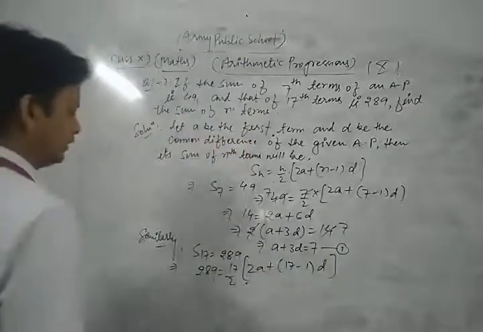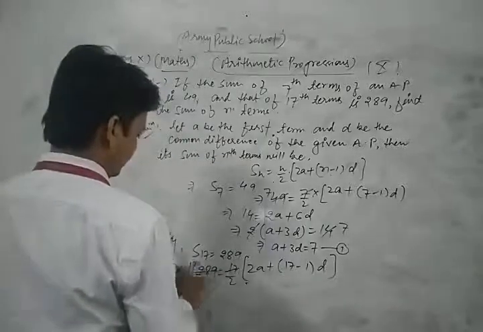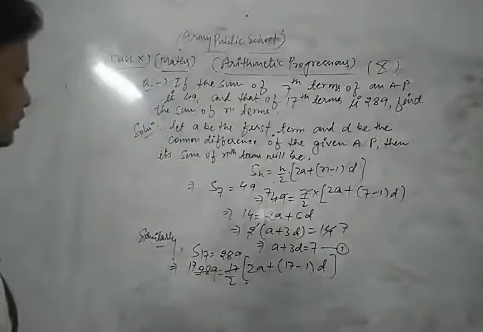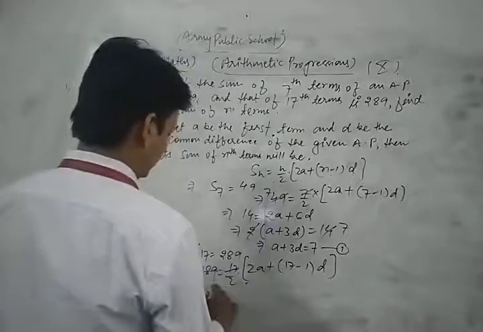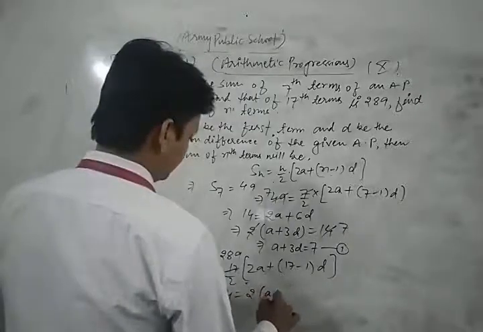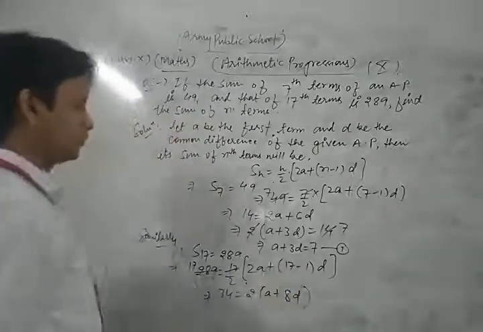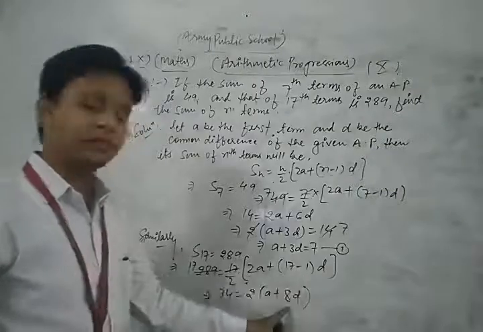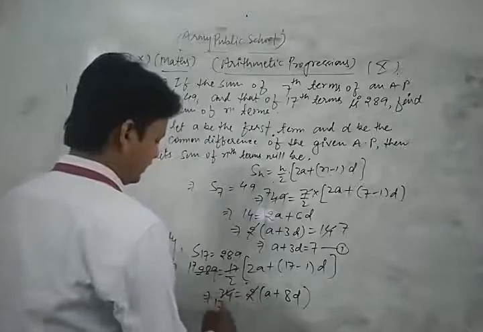Now again we simplify here. 17 times 17 is 289, so here we get 34 inside the bracket. Taking 2 as common, we find a plus 16 by 2 d, because 17 minus 1 is 16, and 16 divided by 2 is 8.